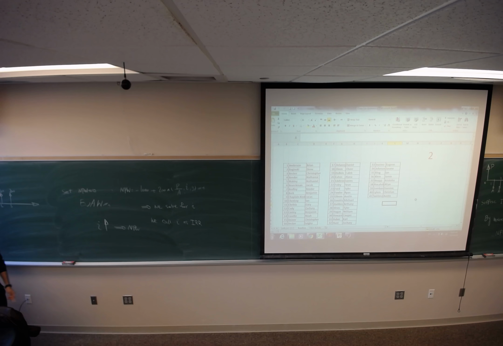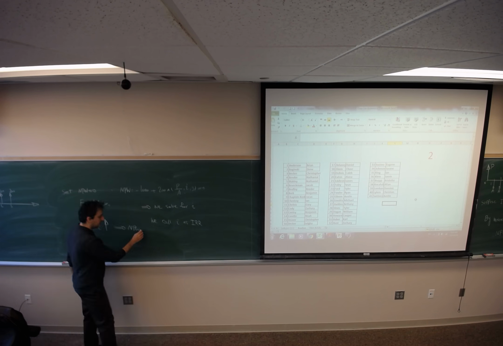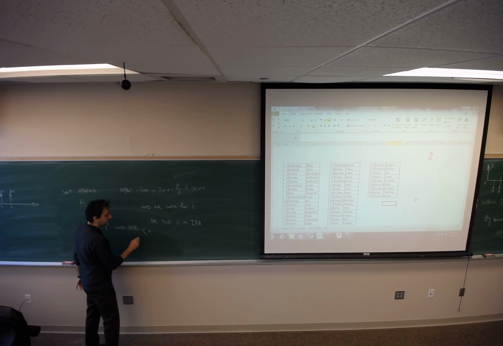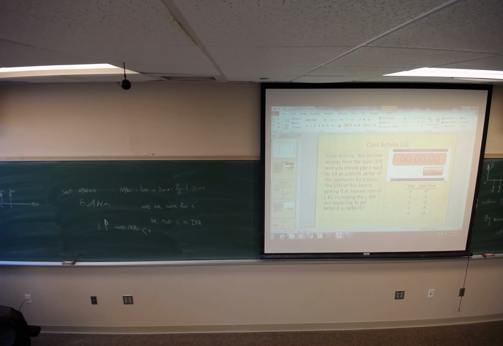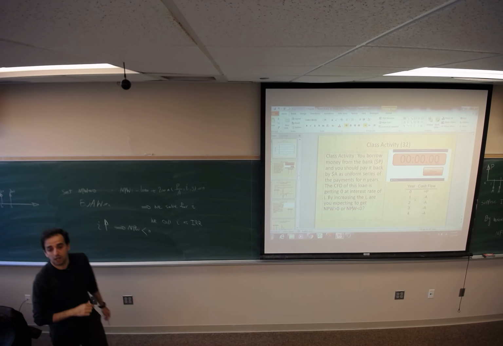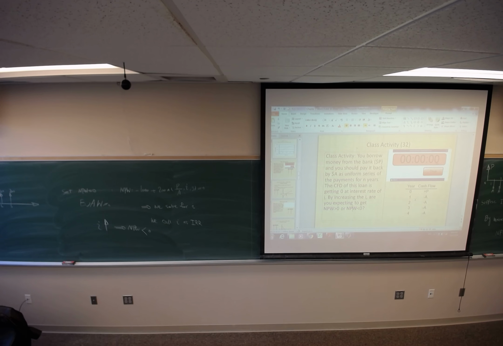So decrease means negative. And why is that? Why did it happen? Because your interest is higher. Okay, the interest is higher. Why is it decreasing the net present worth?